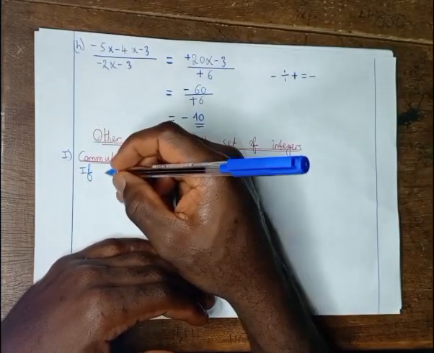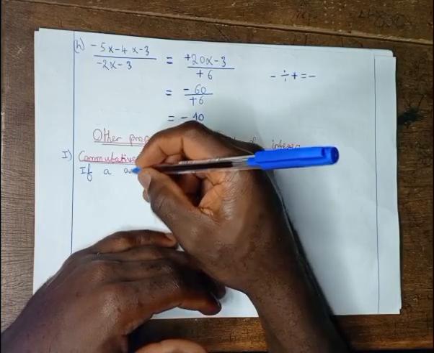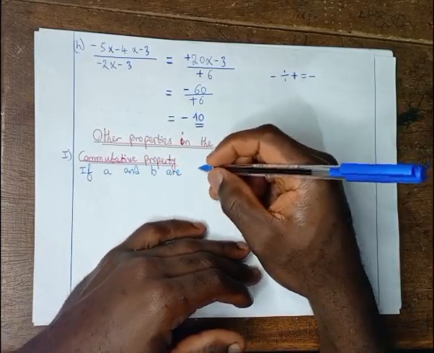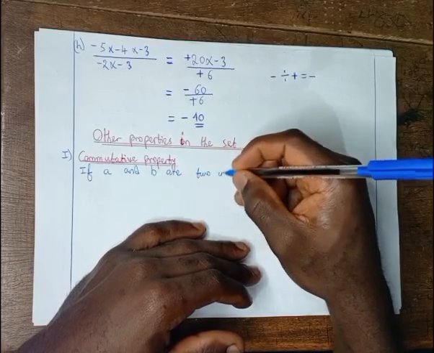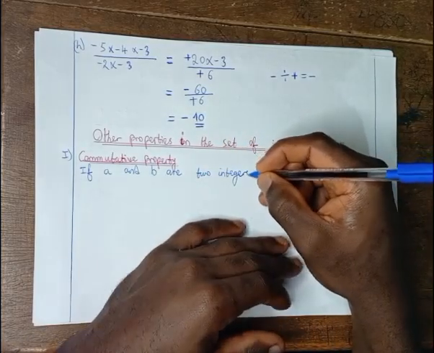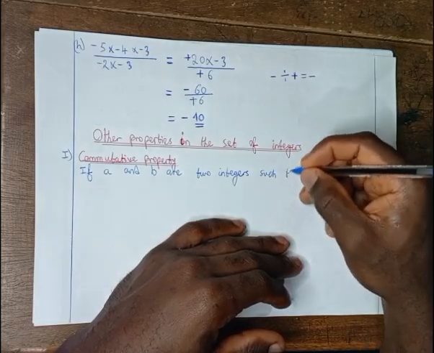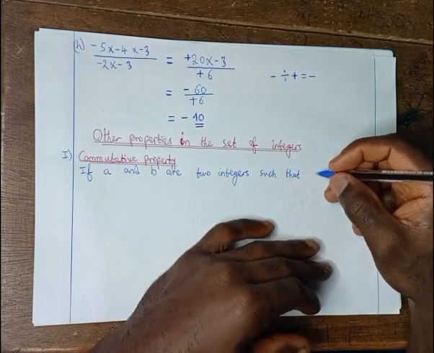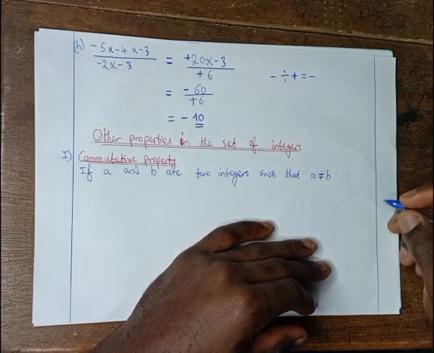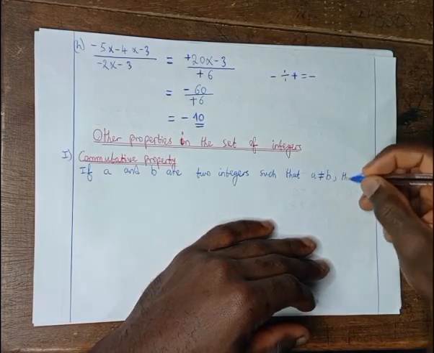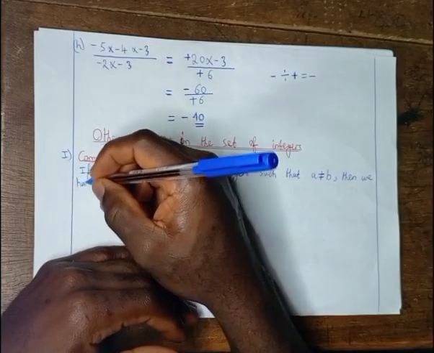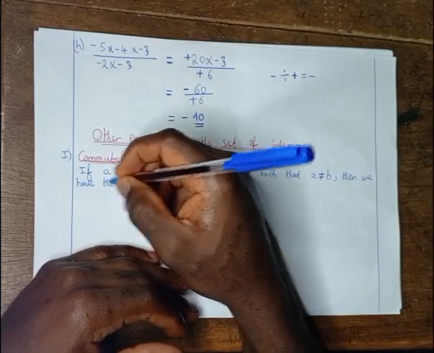If A and B are two integers such that A is not equal to B, that means A and B are not the same, then we have the following.